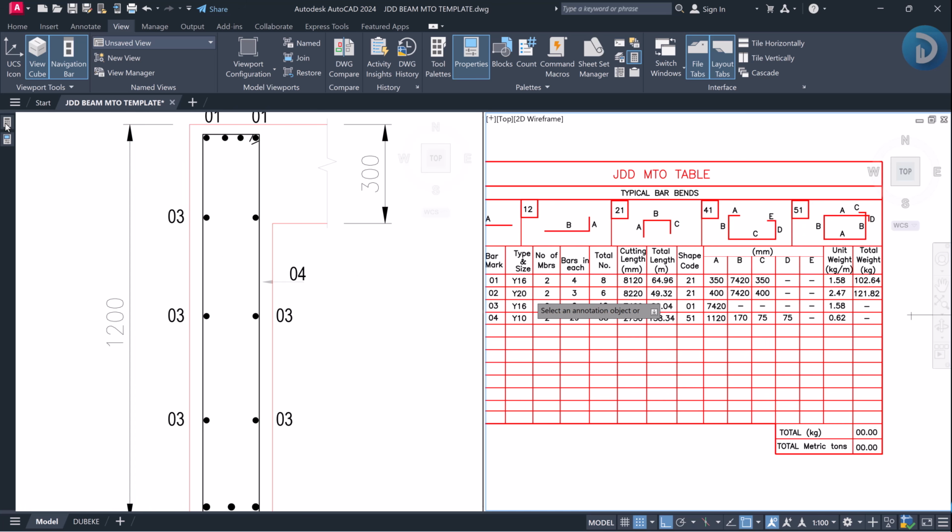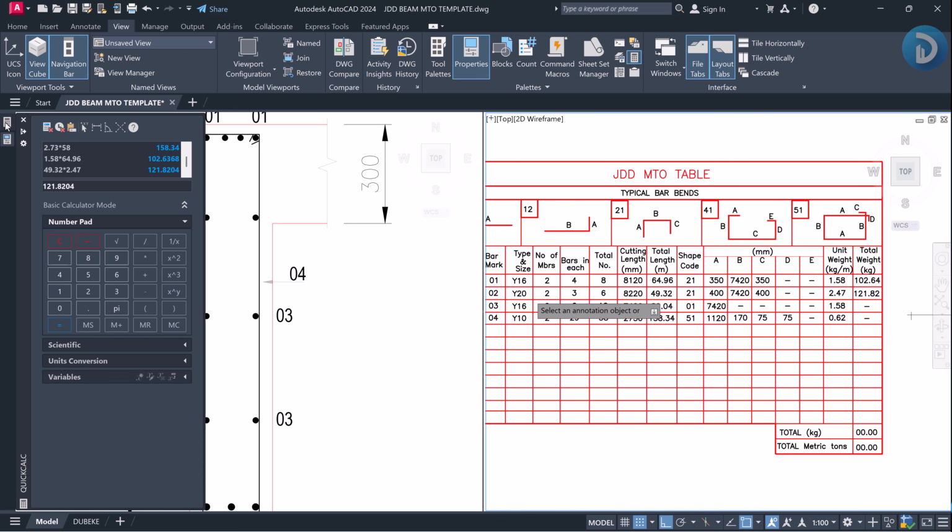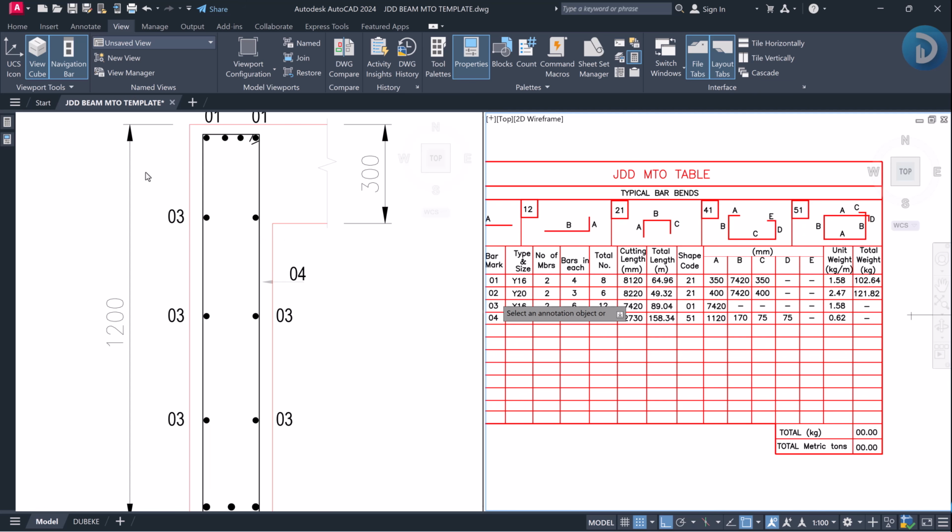Let's confirm that again. We have 49.32, that's right, and we have 2.47. So you always ensure that your figures are correct, because this directly impacts your weight. This directly impacts your estimate. So the next is diameter 16, 1.58 and a total length of 89.04.